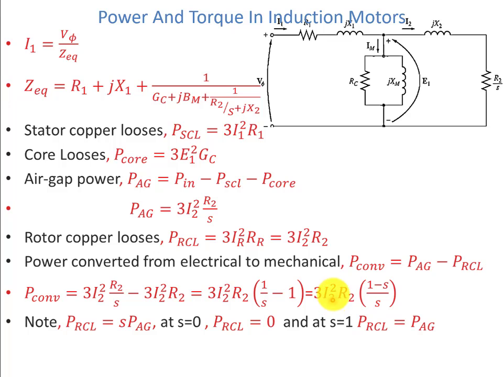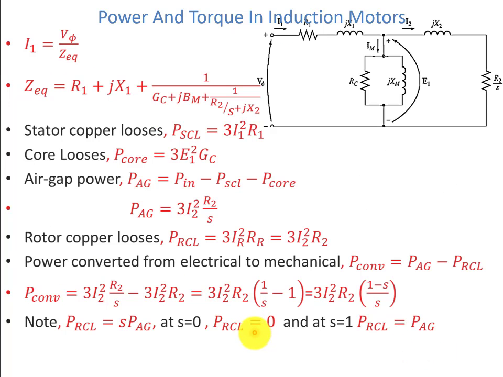That will be 3 I2 squared R2 times (1 minus S) by S. This is a simple algebraic manipulation. Now we can see that rotor copper losses is equal to S times air gap power. So at S equal to 0, rotor copper losses are 0, and at S equal to 1, rotor copper losses are equal to air gap power.